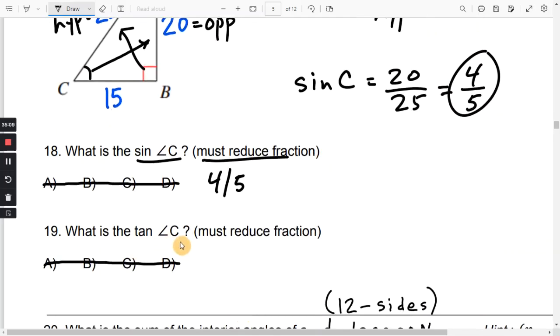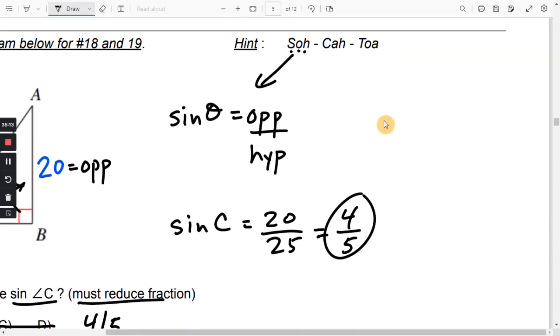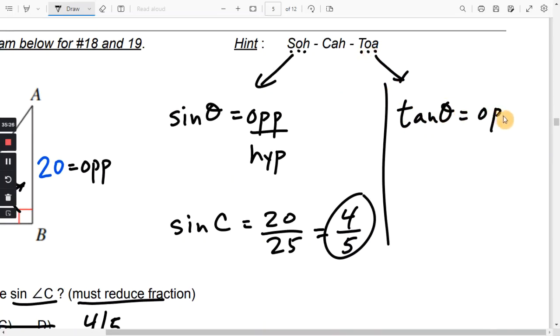Now for the tan of C, we're going to use TOA, T-O-A. The tan is opposite over adjacent. Okay, so tan of theta is going to be opposite over adjacent.